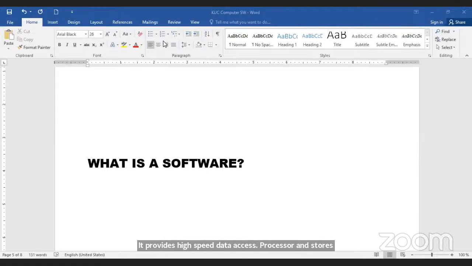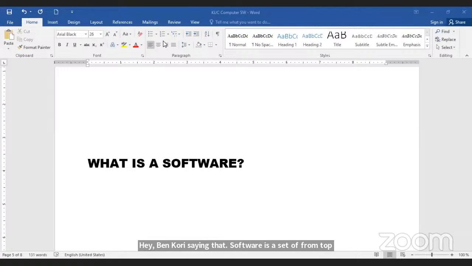That's wonderful. Let me repeat that one again from Shitanda Amos, defining cache memory as a small, high-speed type of volatile computer memory that provides high-speed data access to a processor and stores frequently used computer programs. Brian Korir says that software is a set of computer programs and associated documentation and data.